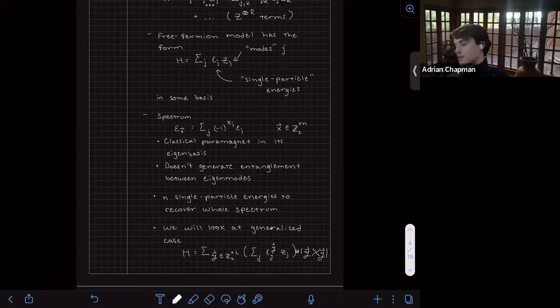And another thing I should say is that over some scale, pretty much every Hamiltonian has this form. I could restrict to 2x2 subspaces, and then, up to a trace term, the Hamiltonian is basically the sum and difference of two single particle energies over that subspace. So this is quite general, actually.